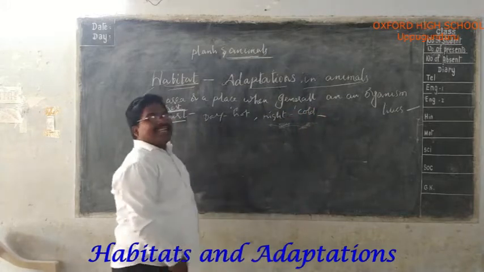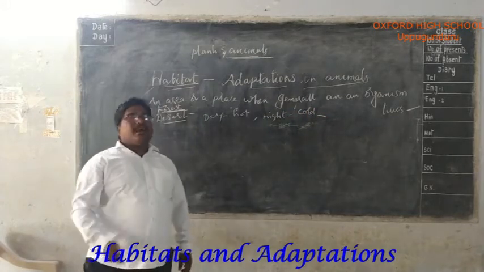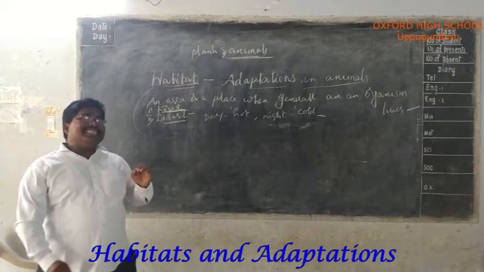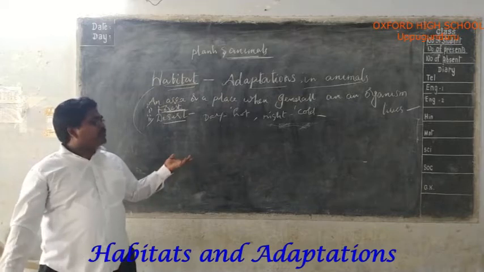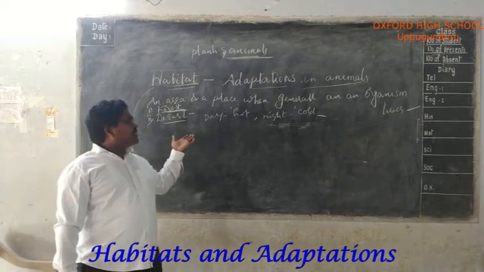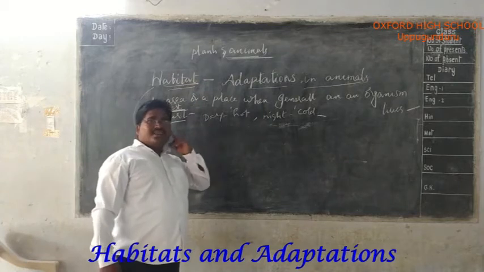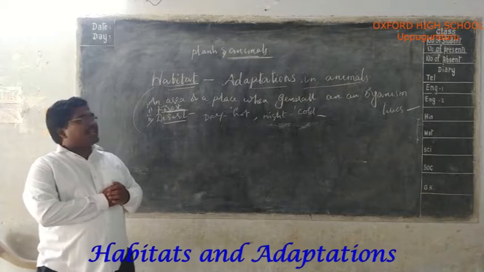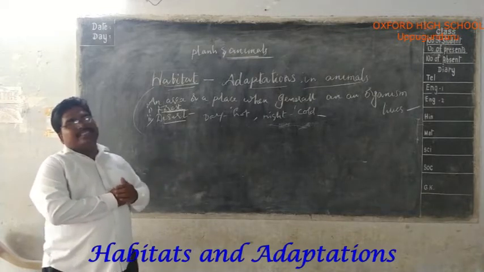Desert is a dry habitat, which gets very little rainfall, or sometimes none. Most of the day it is hot and the night is cold. So what types of organisms can we see in the desert?